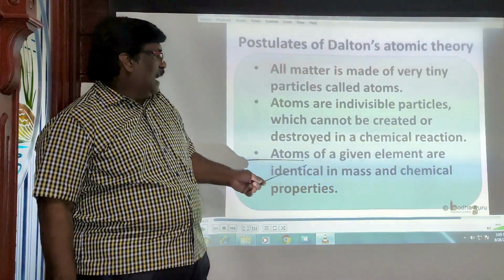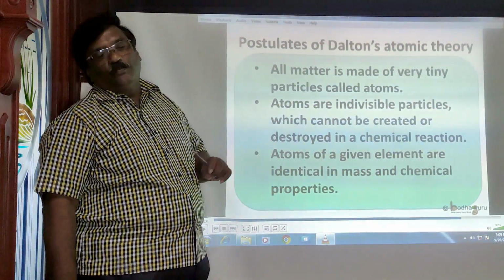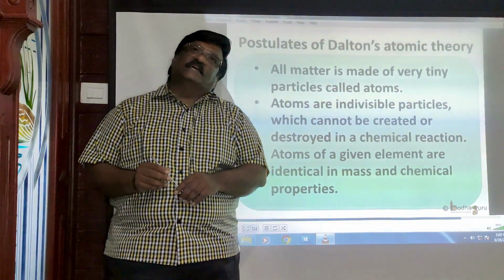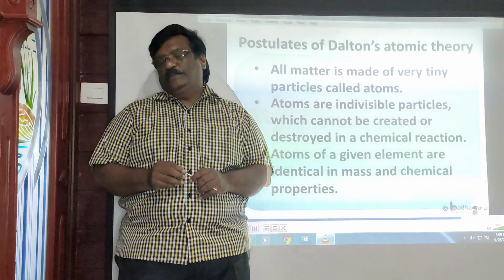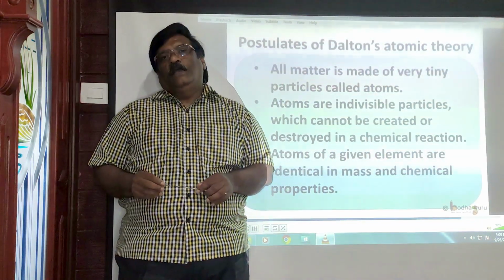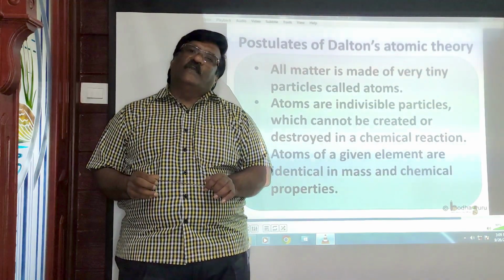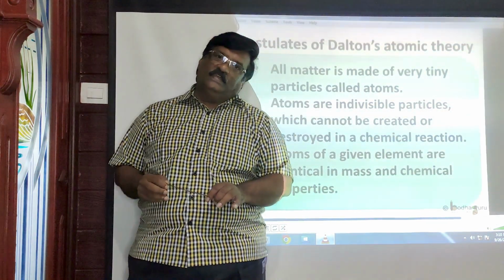The third point: atoms of a given element are identical in mass and chemical properties. What is John Dalton trying to say to the world? For example, if you take a small piece of iron and study its particles, iron will be made up of atoms of iron.